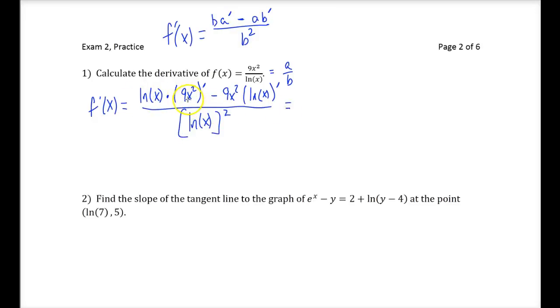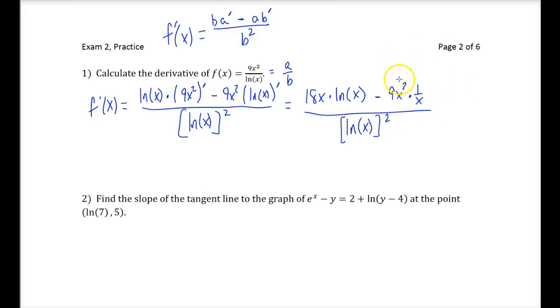And so when we take the derivative of 9x squared, that's just going to give us 18x. So we'll have 18x times natural log of x for that first term, minus, and the derivative for natural log of x is just 1 over x. So we'll have 9x squared times 1 over x. Of course, all that over natural log of x quantity squared.